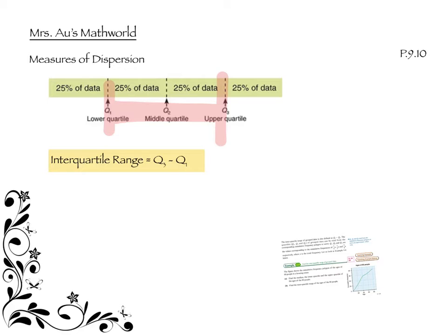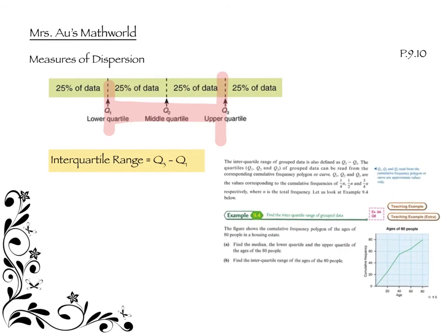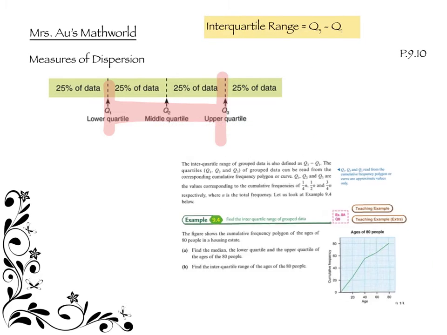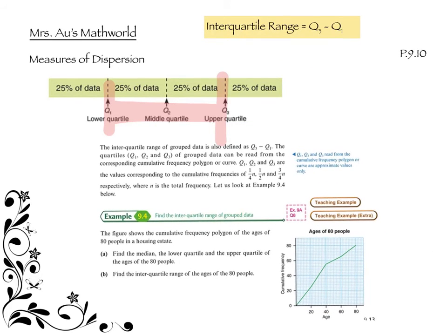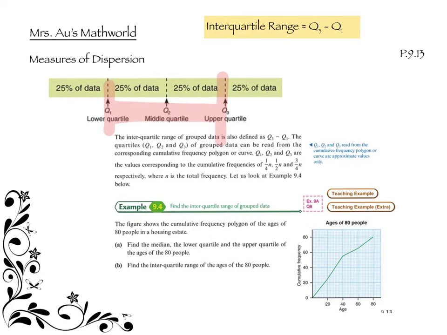We also have ways to do this for grouped data and ungrouped data. We will do grouped data first because it is easier to calculate. So please look at page 9.5 and study the question.